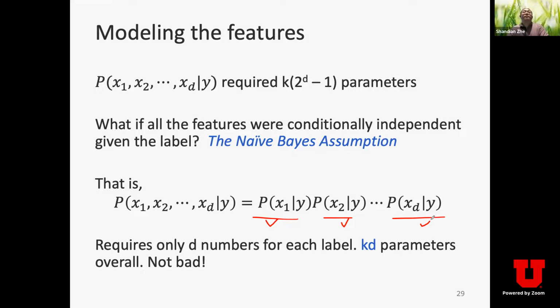For each single feature, say x1, to determine this conditional probability, how many parameters do we need? Remember, x1 is just a binary feature. If you take y equals 0, how many parameters are needed to determine P of x1 given y equals 0?